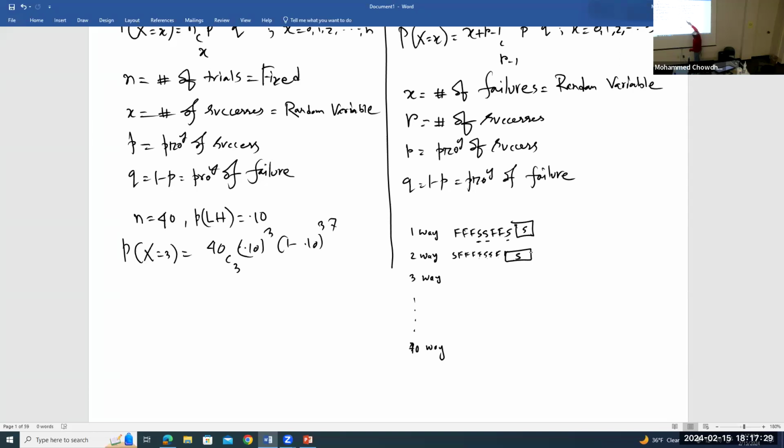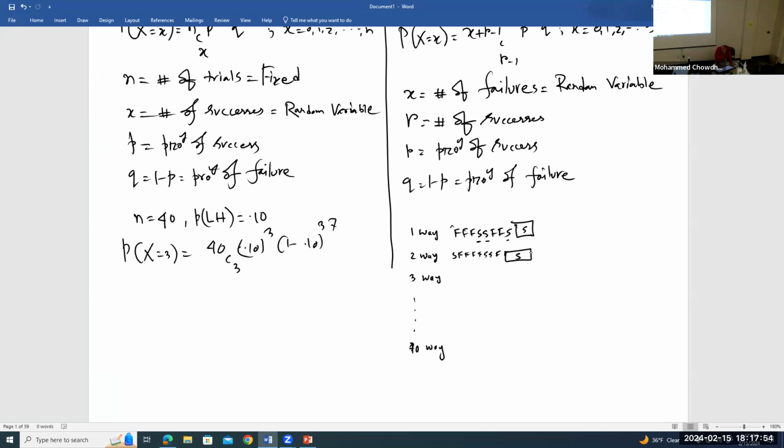Here, success, failure. This is different, right? So he can get the successes in many ways. When he got the last success, that means he stopped there, right? So in negative binomial distribution, the data is generated up until he gets a specific number of successes.